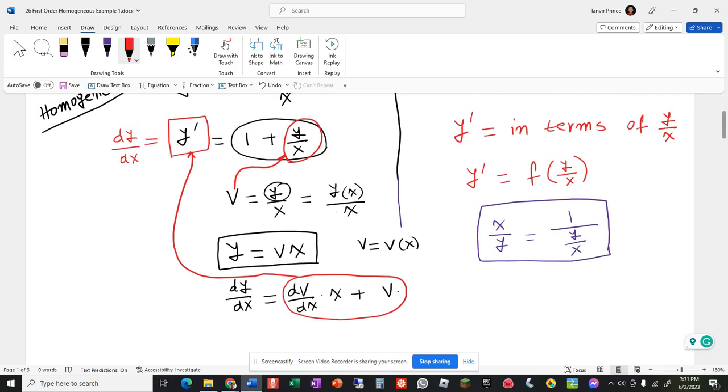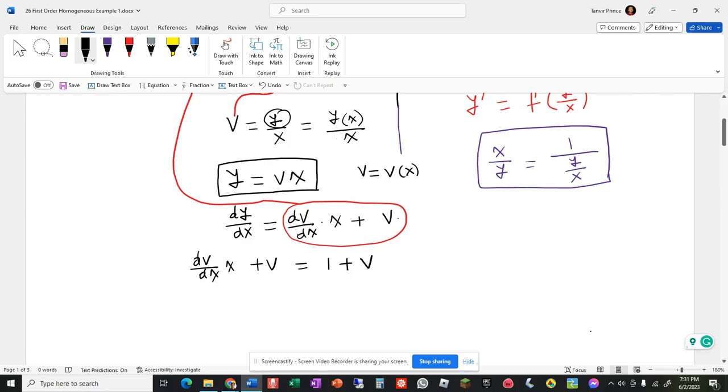I'm going to write it down below. I end up with dv dx times x plus v equal to 1 plus v, because in place of y over x, I write v. So everything is in terms of v and x, there is no y.